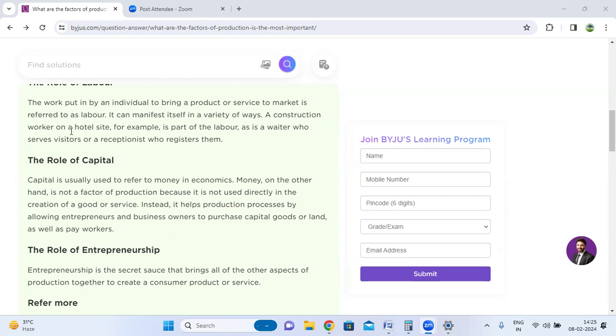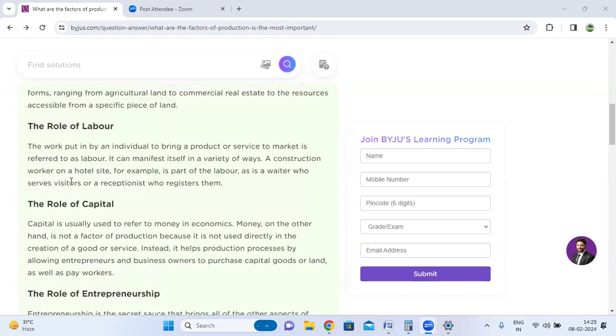The construction workers on a hotel site, for example, are part of the labor, as is a waiter who serves visitors or a receptionist who registers them.